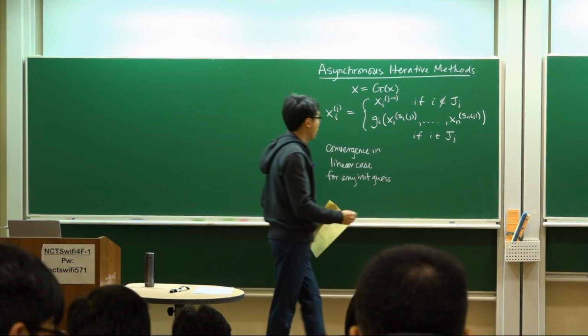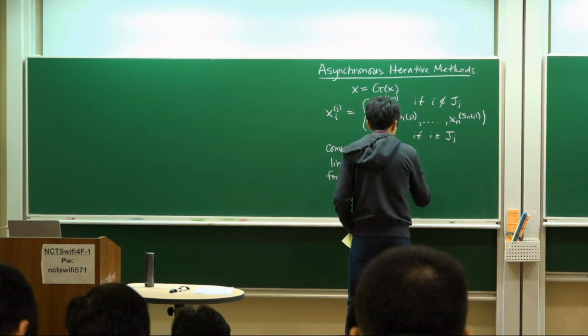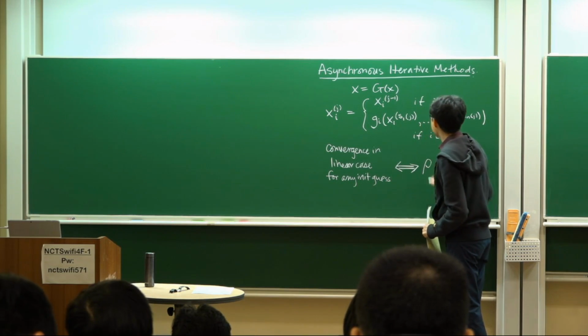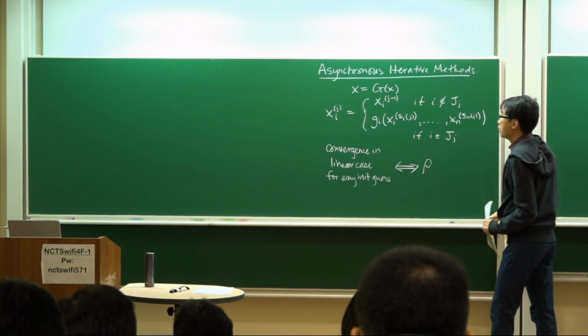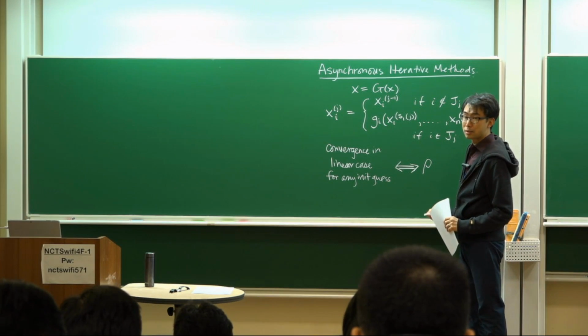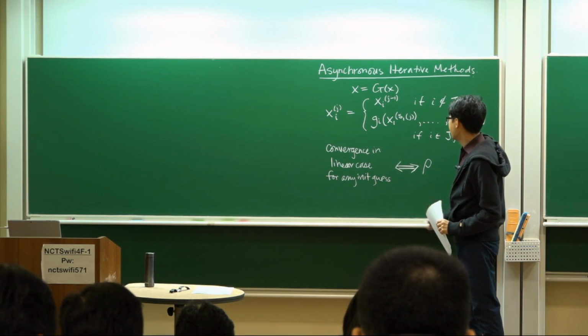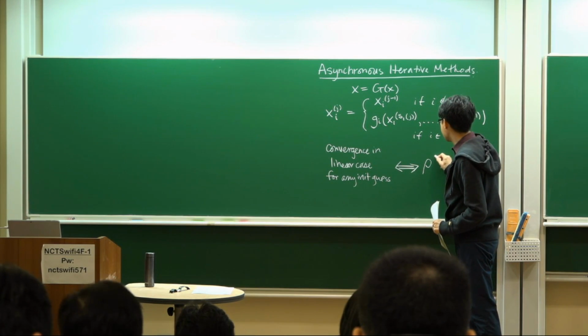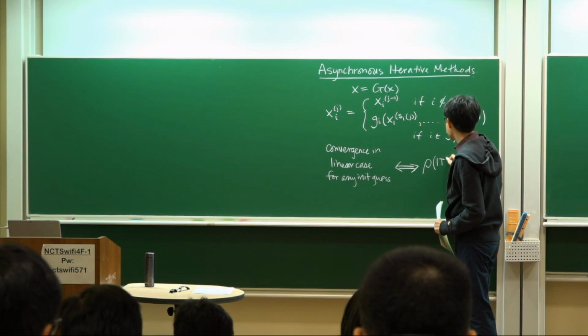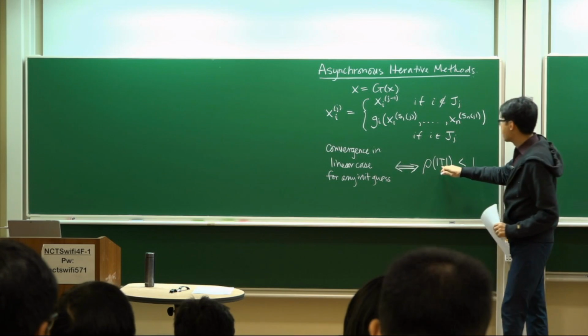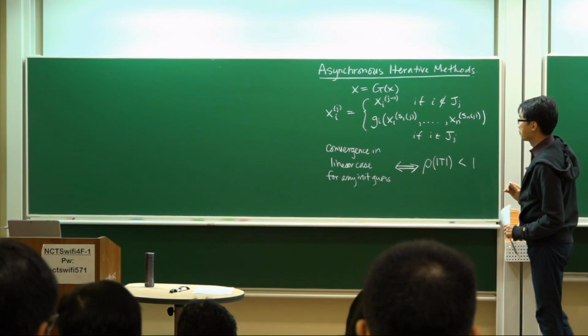Okay? And we have the necessary and sufficient condition is that the spectral radius of the iteration matrix corresponding to the matrix, and I called that T last time, its absolute values, spectral radius of the absolute value of T is less than 1.